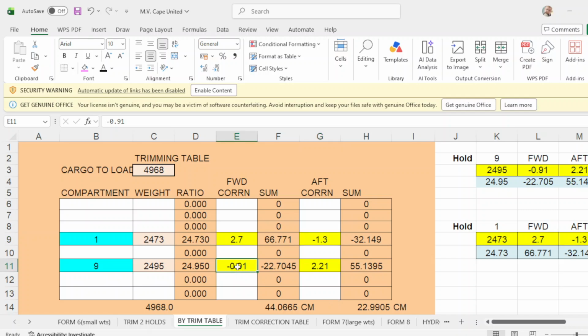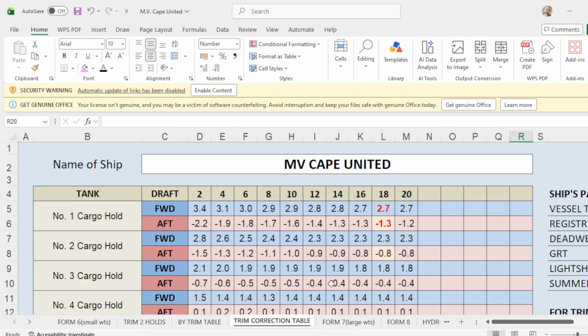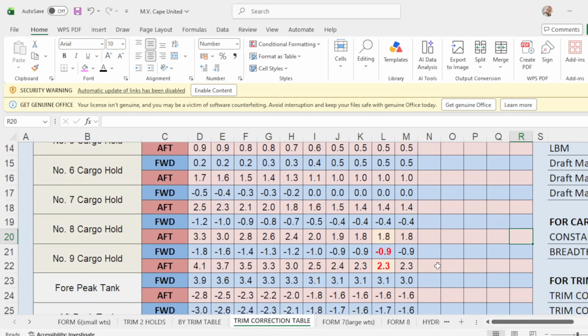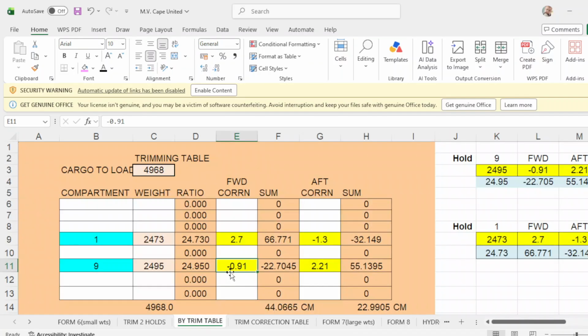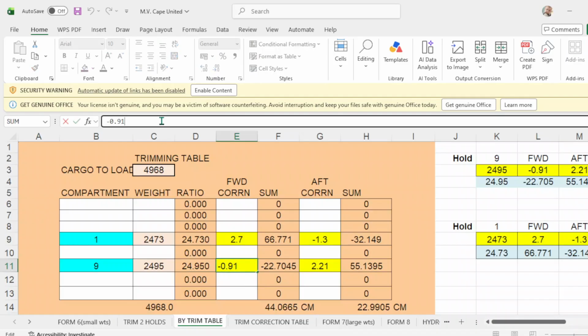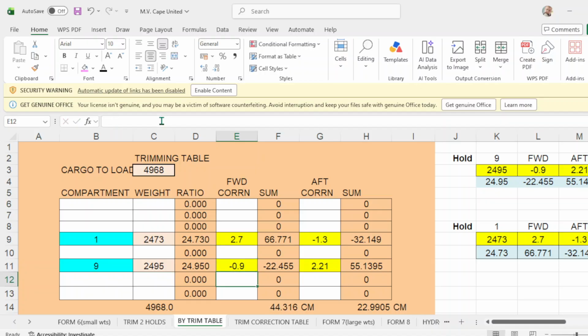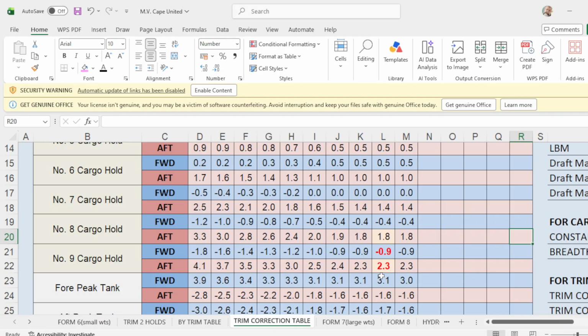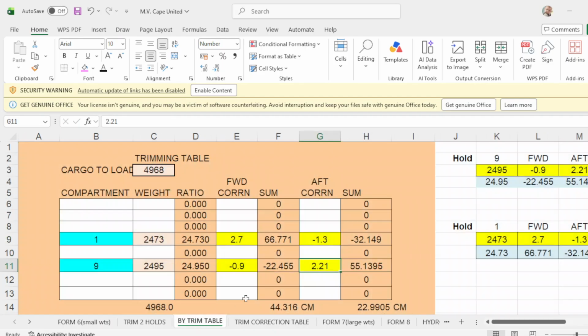And number 9, forward correction. Scroll down. This is number 9. Negative 0.9. And up correction is how much? 2.3. Okay, 2.3.